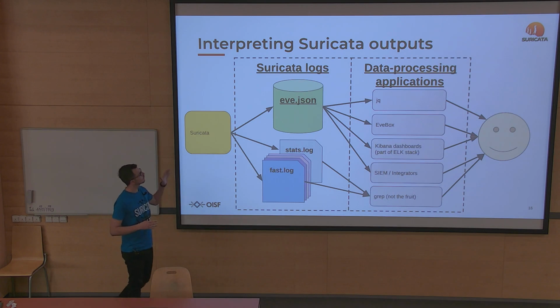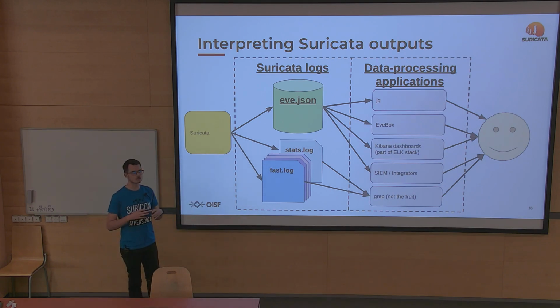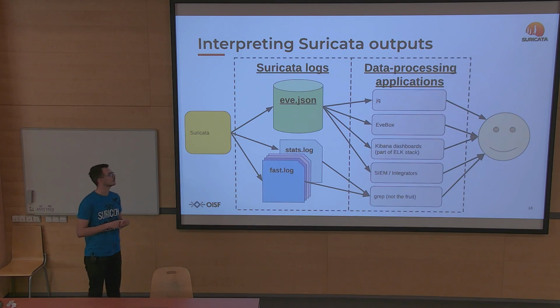But generally speaking, the primary file that Suricata extracts is eve.json. It extracts those events in JSON format. And from that, you can process that data with some application. Whatever application processes JSON can process eve.json.